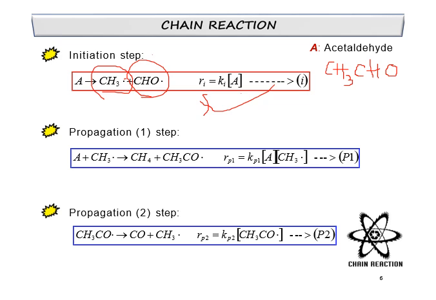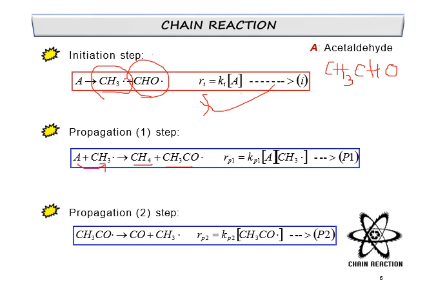For propagation, the acetaldehyde will then, dia akan tertarik lebih kepada radical CH3. Then this CH3CHO, acetaldehyde, dia akan tertarik kepada radical CH3 untuk membentuk CH4 methane and also CH3CO dot, radical CH3CO.